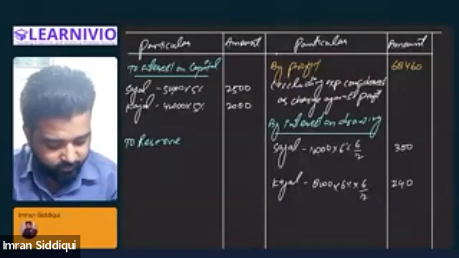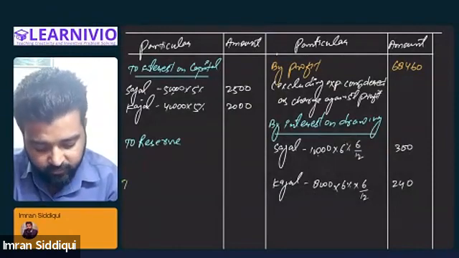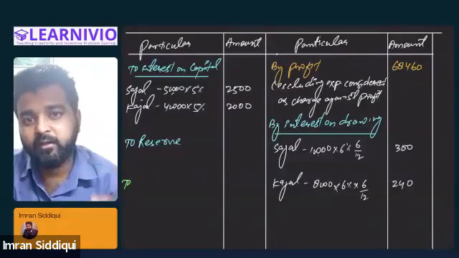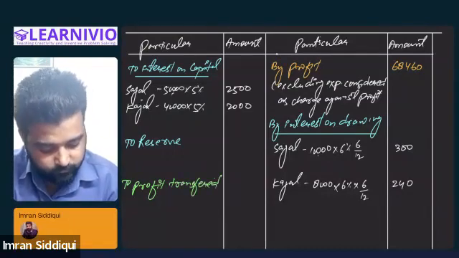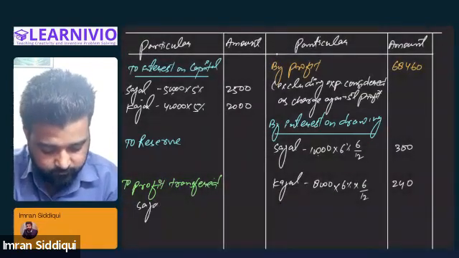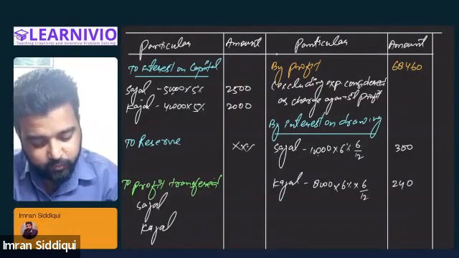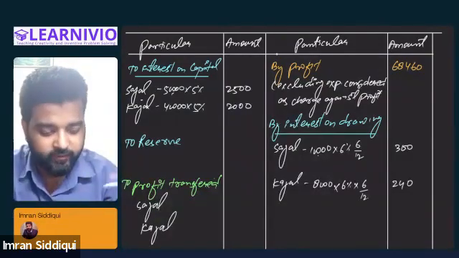Then after the amount transferred to reserve, the remaining profit will be transferred to the partners, Sajal and Kajal. I hope this is clear. We'll first determine this value, and after subtracting it we'll determine the divisible profit, and then distribute it among the partners.